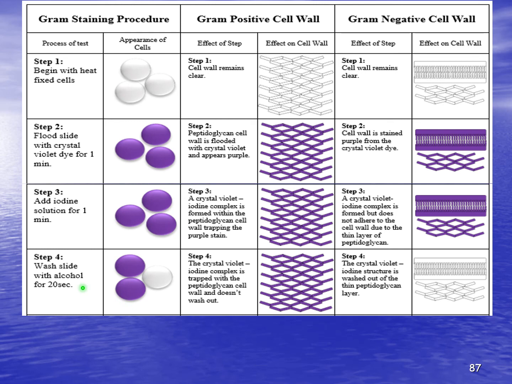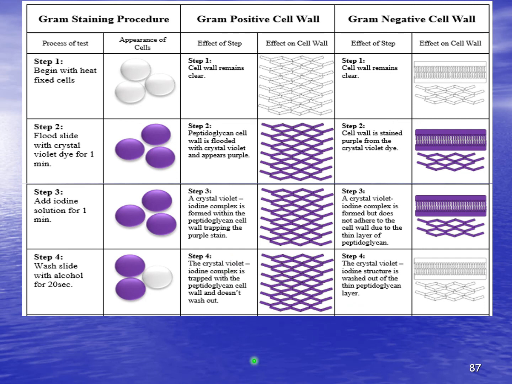If you were to look at the slide at this point, some of the cells will have, quote, disappeared. They will become colorless. The reason for this is the cell wall. Gram-negative cells will lose the crystal violet iodine through their cell walls, while the gram-positives retain the crystal violet.